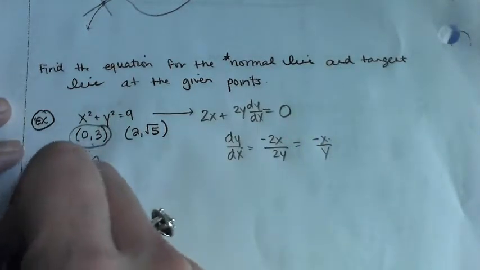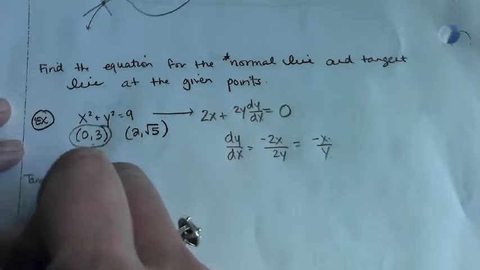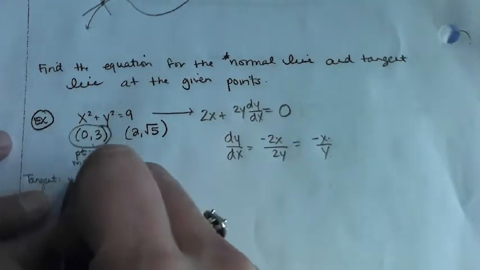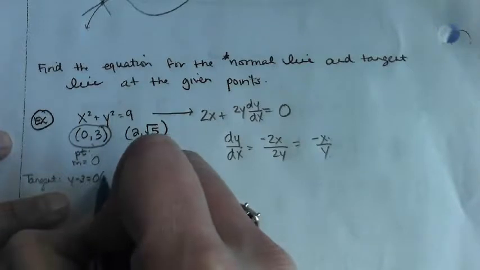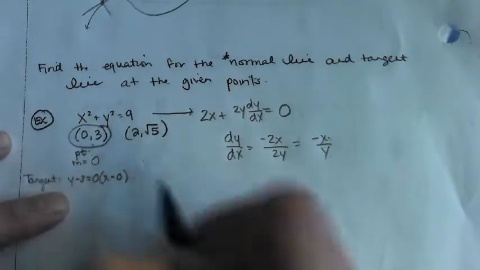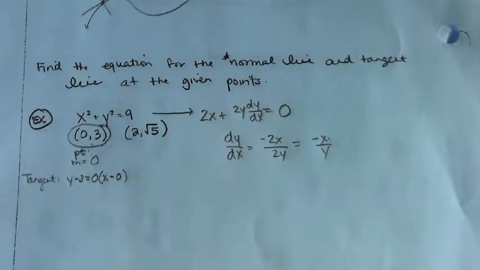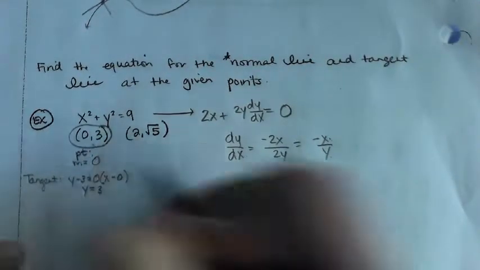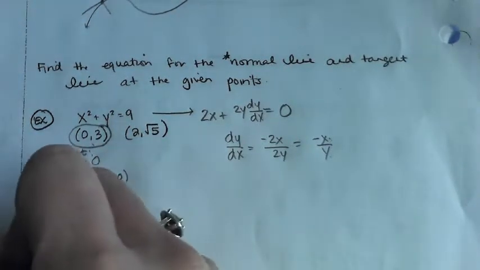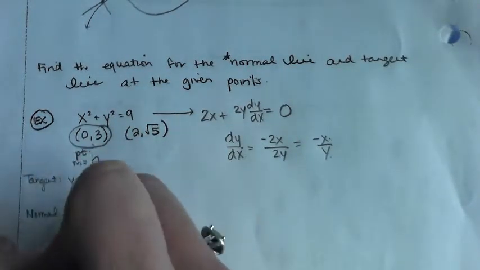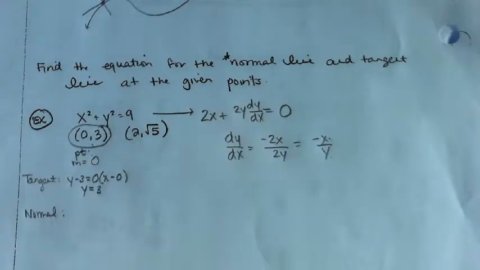So my tangent line, I'm just going to be organized so I know what I'm doing. Tangent line is y minus 3 equals 0 times (x minus 0). What does that simplify down to? Y equals 3. And our normal line, what slope are we going to use?